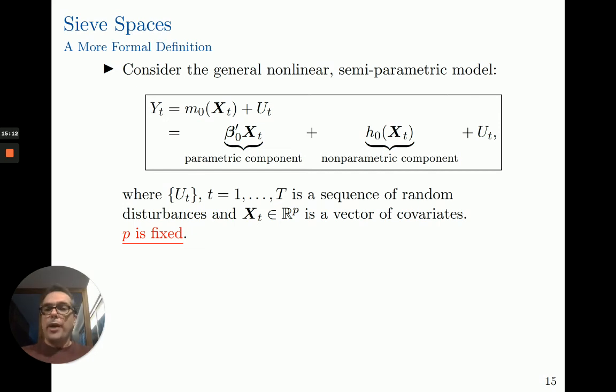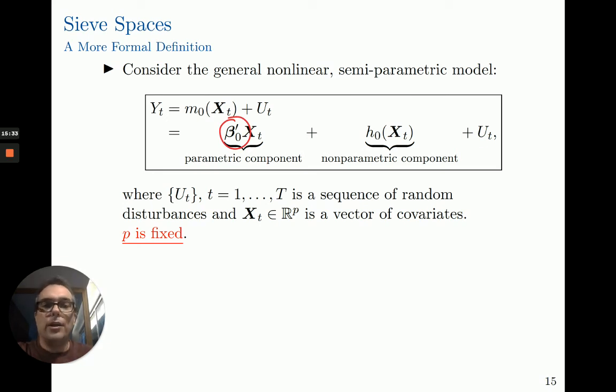Then we have this linear model that's going to be fully parametric, with our set of parameters beta naught, the true parameters that live in the population, plus a non-parametric component h naught, which we don't know and could be highly nonlinear.